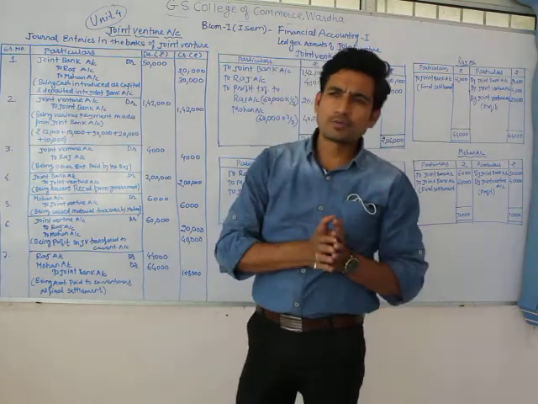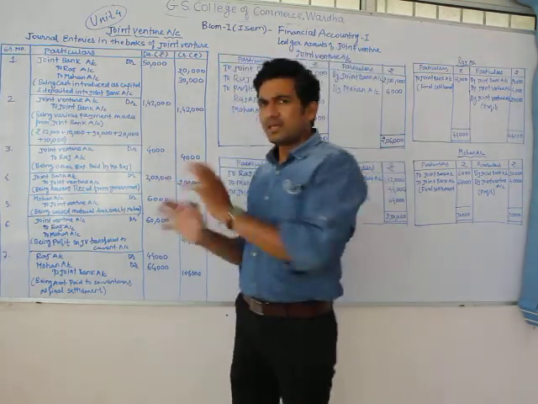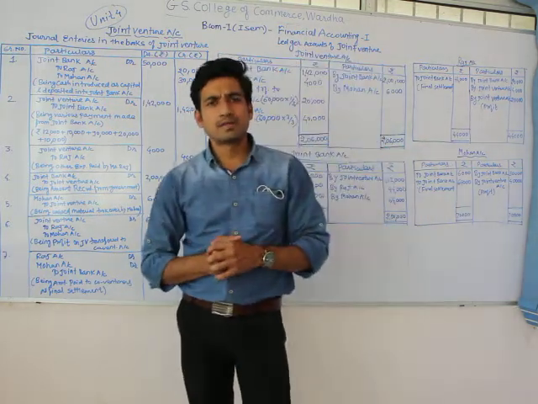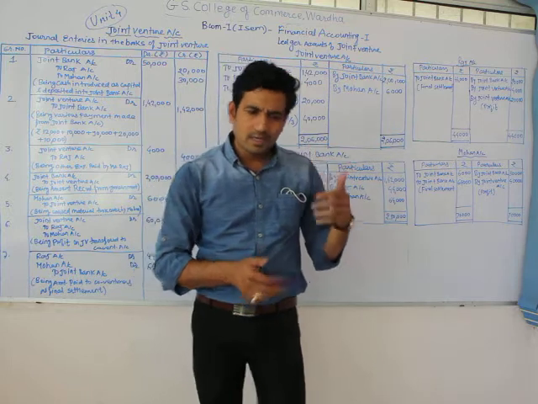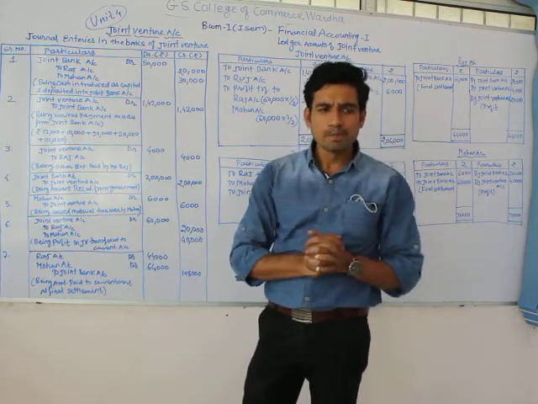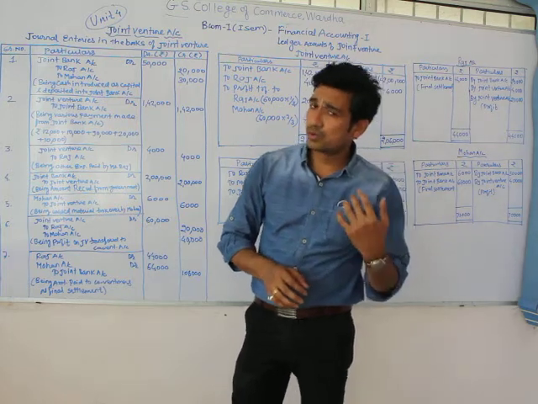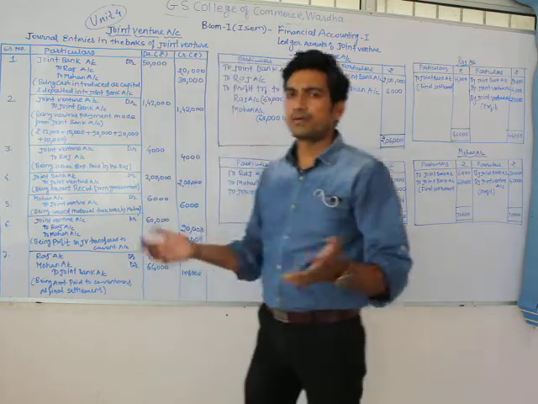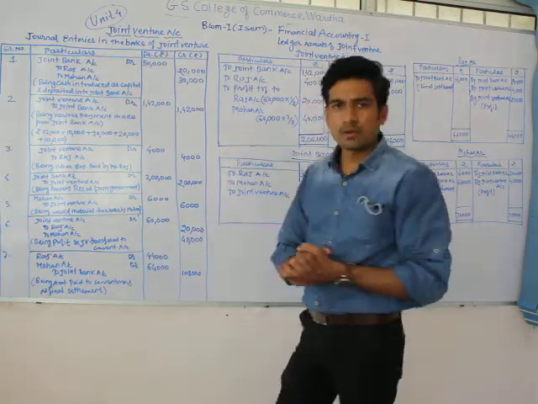We have to follow that pro forma, because it will be very easy for us to solve our problems accordingly. I have already shared that pro forma with you along with the numericals. So go to that numerical, go to that pro forma, and then come to this lecture and see what I am going to explain.